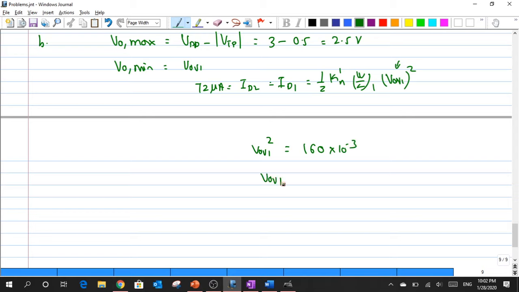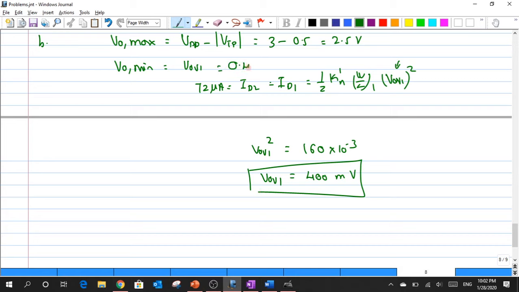When I take a square root of it, I have to take a positive value here just because I'm working with the NMOS device for computing the value of VOV1, and that always has a positive value of VOV. Because of that, I would end up having 400 millivolt for the value of VOV1. So now that we have computed my VO max and my VO minimum, that's done.